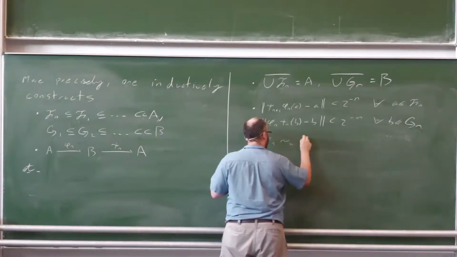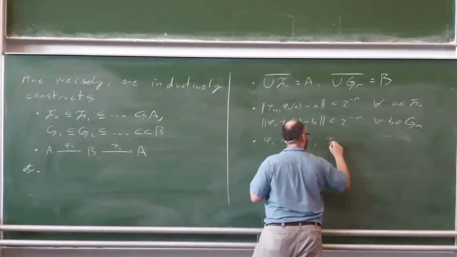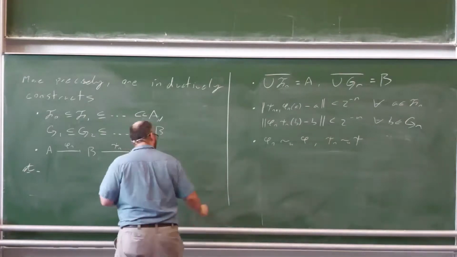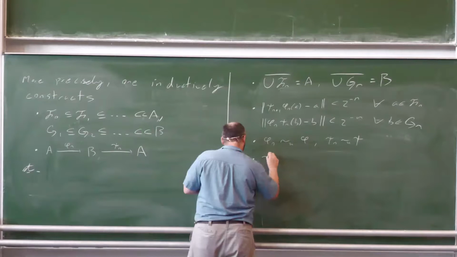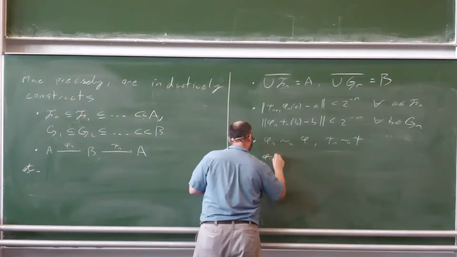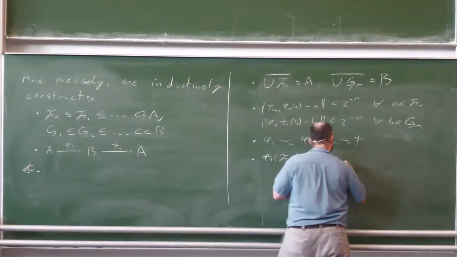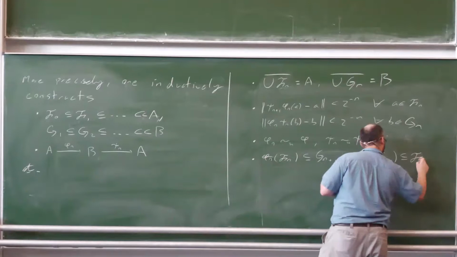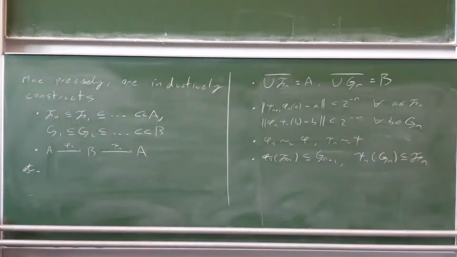Each phi n is unitarily equivalent to phi, and each psi n is unitarily equivalent to psi. And the third one, they map finite sets.